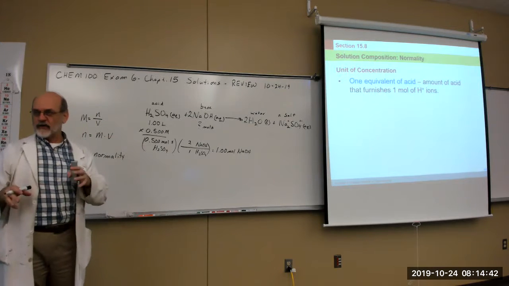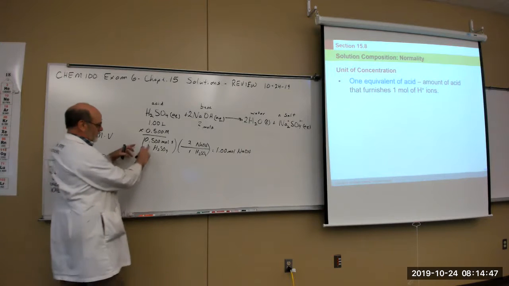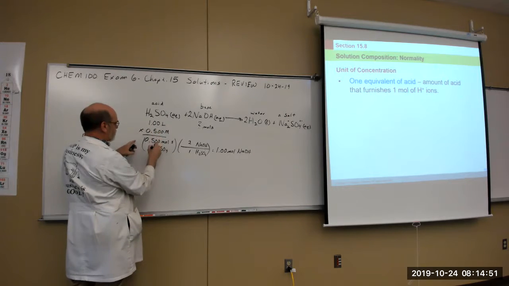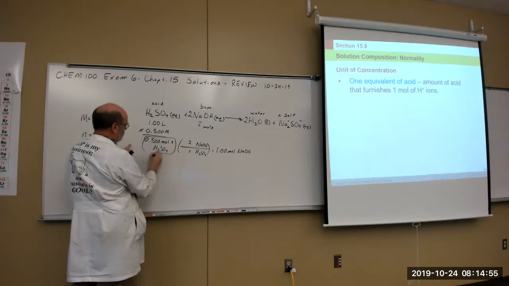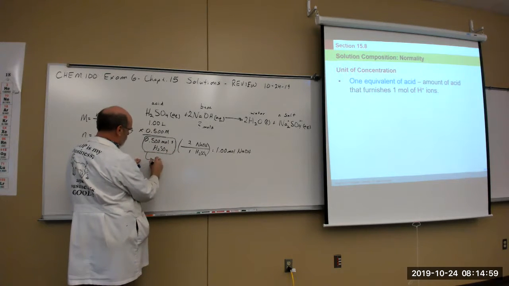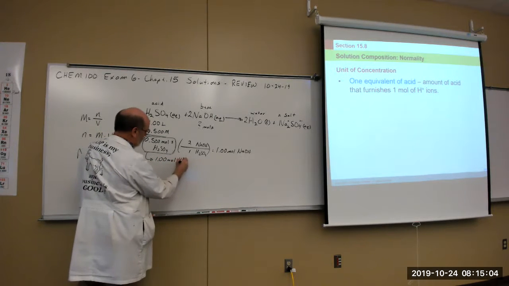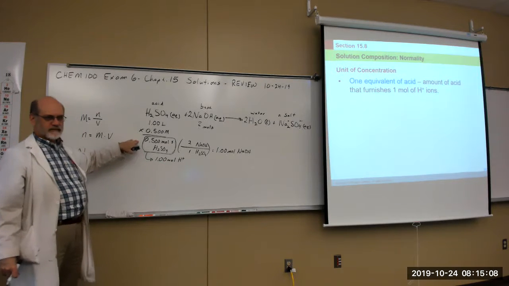An equivalent of sulfuric acid is actually 1/2 of a mole. This 1/2 of a mole supplies 1 mole of protons. So this is an equivalent of sulfuric acid.